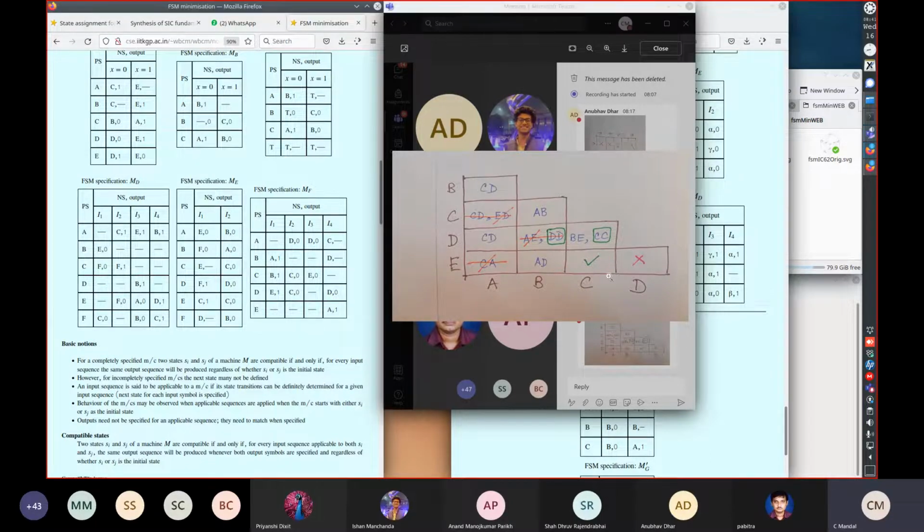So if you look at C and D, it depends on BE and CC. CC is a trivial requirement, but BE is non-trivial. So it does depend on BE. All right. So you can construct the compatibility graph now.